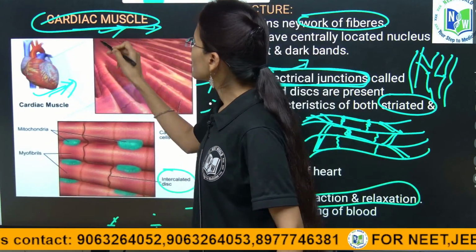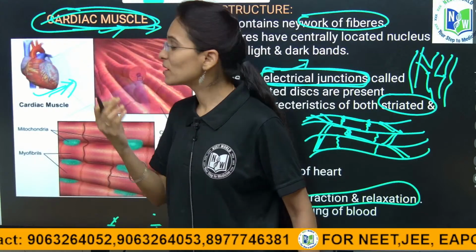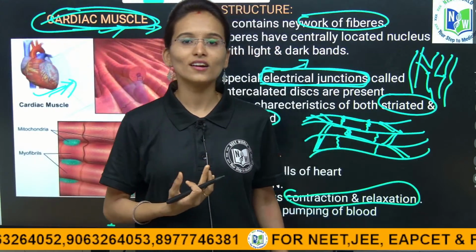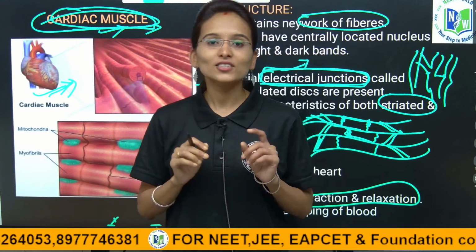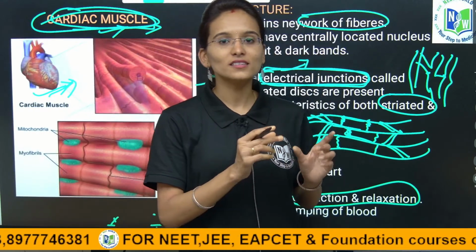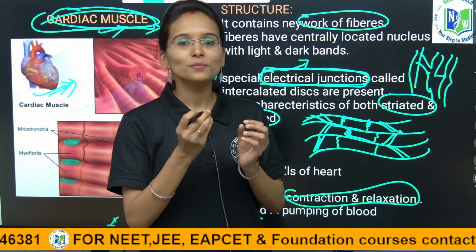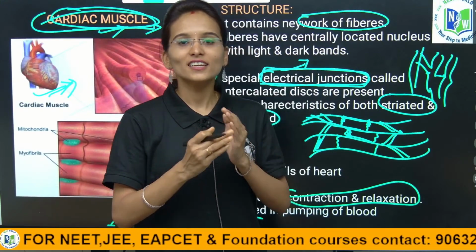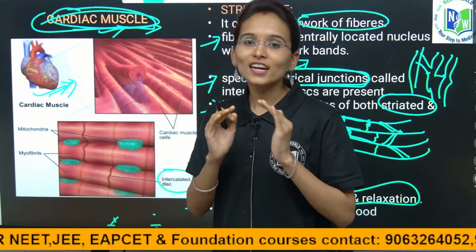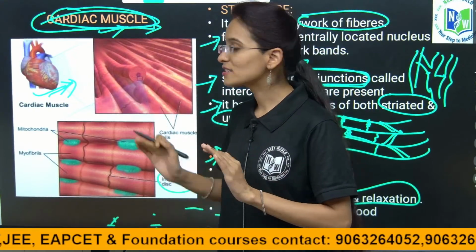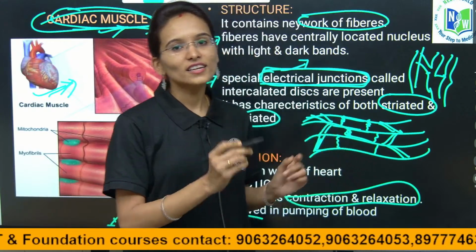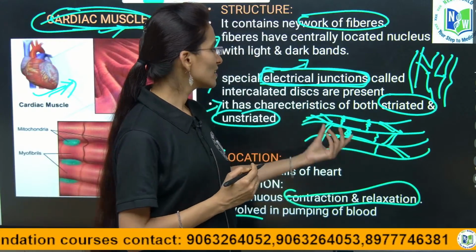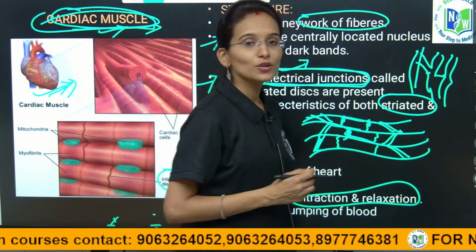The muscles present inside the heart are called cardiac muscles, and these cardiac muscles are branched in nature. It means one cardiac muscle shows branches, and next it forms a network-like structure, hence it is called branched in nature. And here we can find the alternate light and dark bands also, and intercalated discs are present.